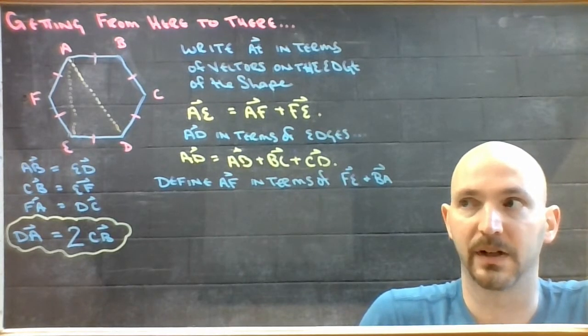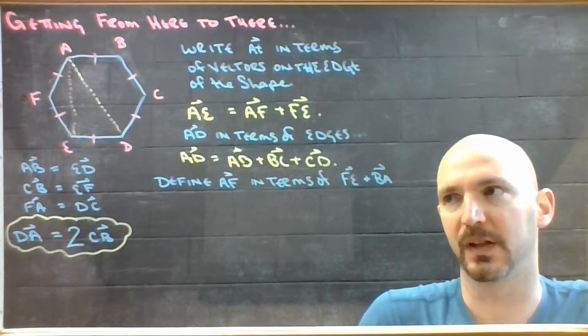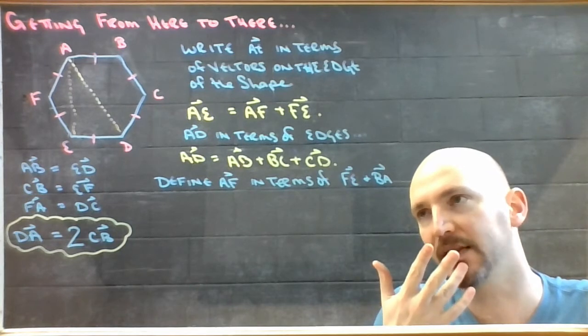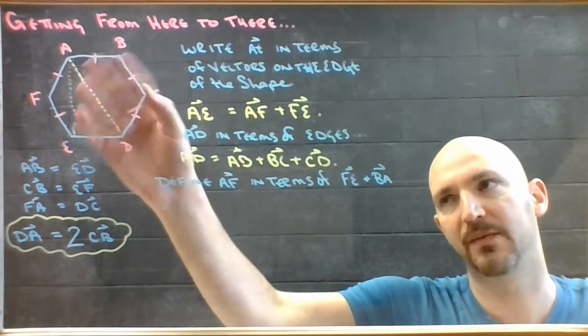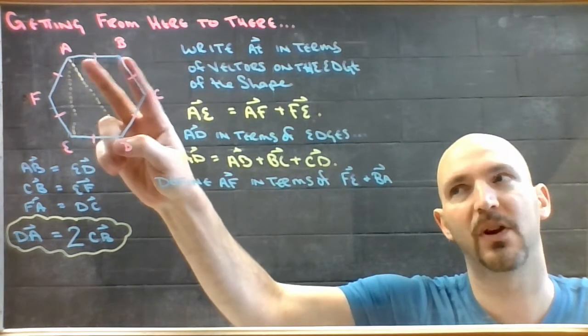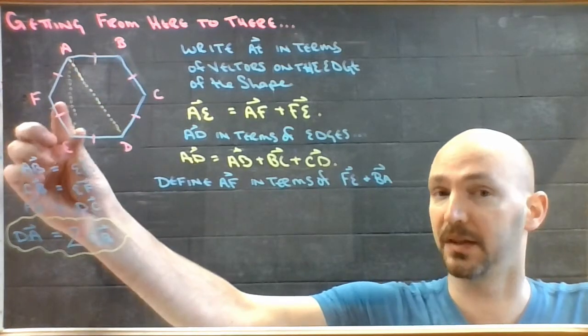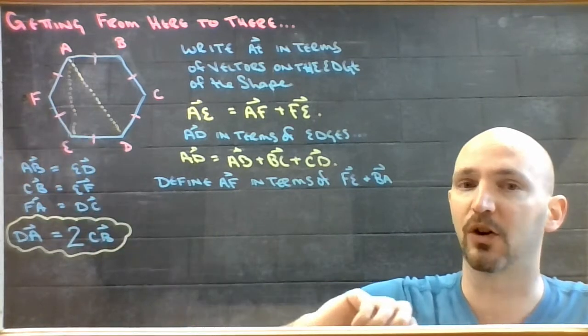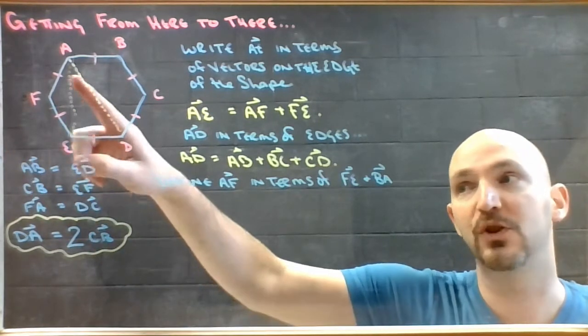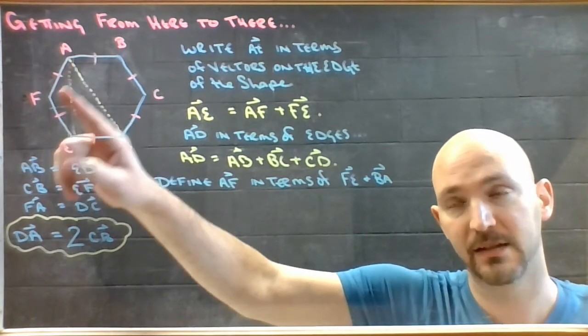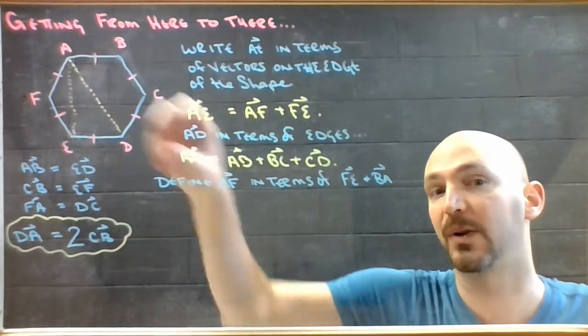Now that's kind of weird, right? Why would you want to do that? Well, it's possible that you have some sort of engineering problem and you know something about this particular segment and you know something about this particular segment, and you're hoping, cross your fingers, that you can express this in terms of the two pieces you know.